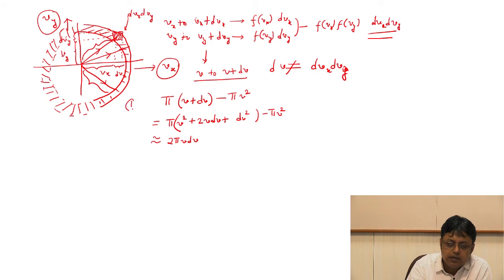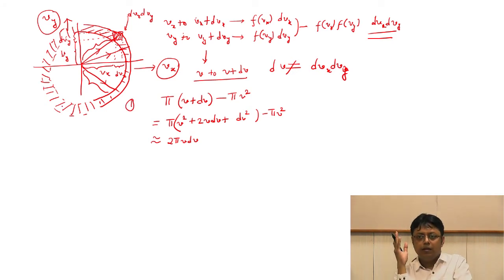What I'm saying is that if I have a speed which is equivalent to v, and then I calculate the probability of having the speed in the range v to v plus dv, then this volume element will not be just equivalent to dvx into dvy, because it is now independent of the direction.